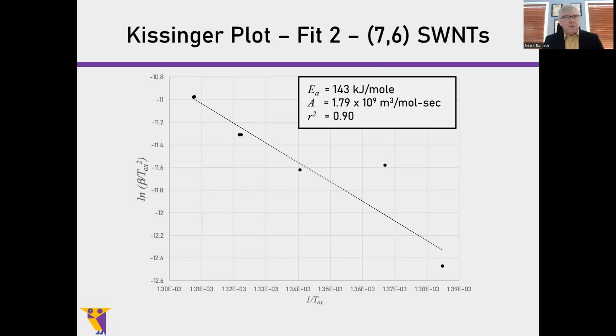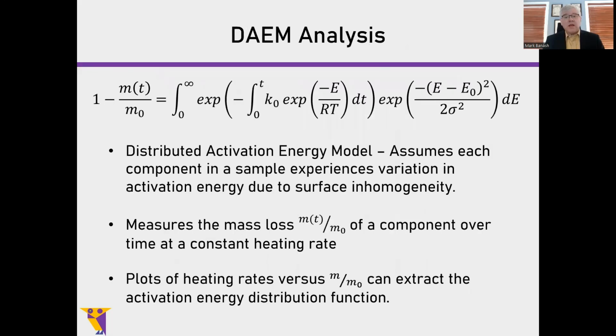Therefore, we have a fair amount of, I hate to say this, faith that these are reasonable physical values and may actually be those for the material. But let's take a closer look. And for that, we're going to use DAEM analysis. Now, in this, we're going to assume that there's not a single activation energy for combustion for each one of the species. Instead, they follow some form of distribution. In the original embodiment of this analysis, we assumed a Gaussian distribution.